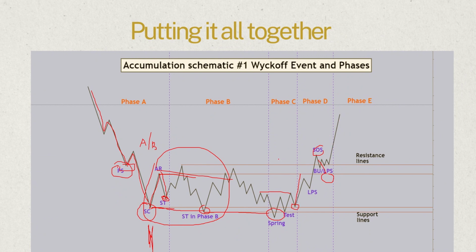So you can only take C and D as safe entry points. Of course, for an experienced trader, you could trade this range if there is enough room to the upside. But for the sake of this education, I encourage you to focus on phase C and D of the Wyckoff schematic.